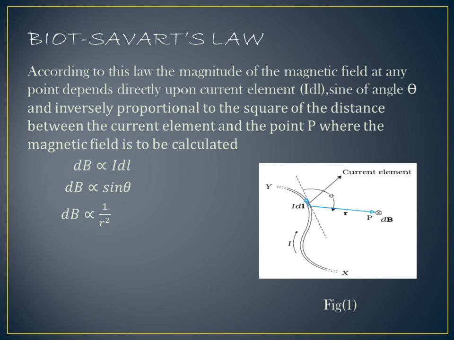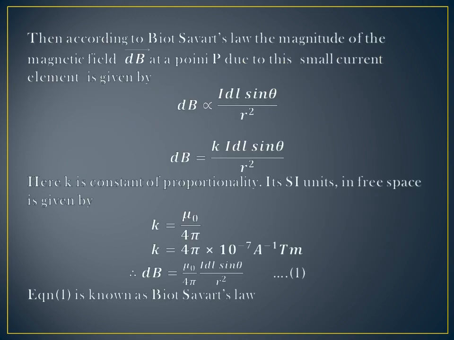That is, larger the distance, smaller will be the magnetic field, or smaller the distance, larger will be the magnetic field. Then, according to Biot-Savart's law, the magnitude of the magnetic field dB at the point P due to this small current element is given by dB is directly proportional to I dl sin theta divided by r square, or dB is equal to k I dl sin theta divided by r square. Here, k is a constant of proportionality.